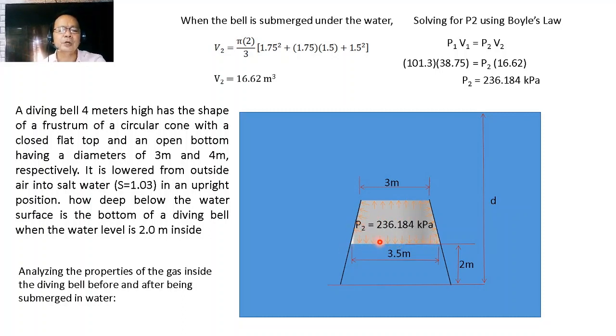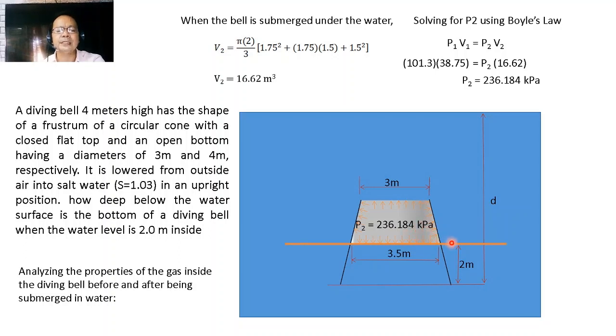Because this part of the water is now subjected to 236.184, we expect that all throughout this level, considering the principle of Pascal's law, this horizontal level, the orange one, will be subjected to the same pressure of 236.184 kilopascals.